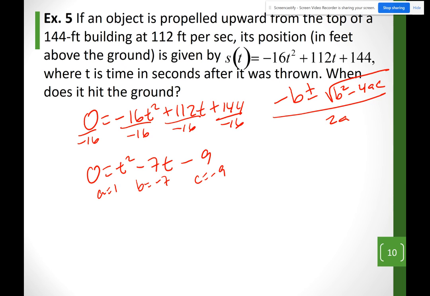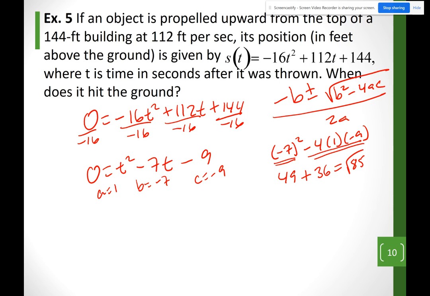I'm going to do the square root part first. So b squared, negative 7 squared, minus 4 times 1 times negative 9. All right, negative 7 times negative 7 is 49. On this other side, there's 2 negative signs, so that makes it plus. 4 times 1 times 9 is 36. Now 49 plus 36 is 85.